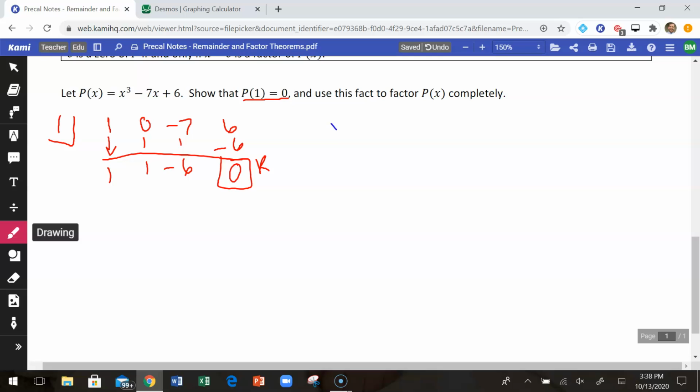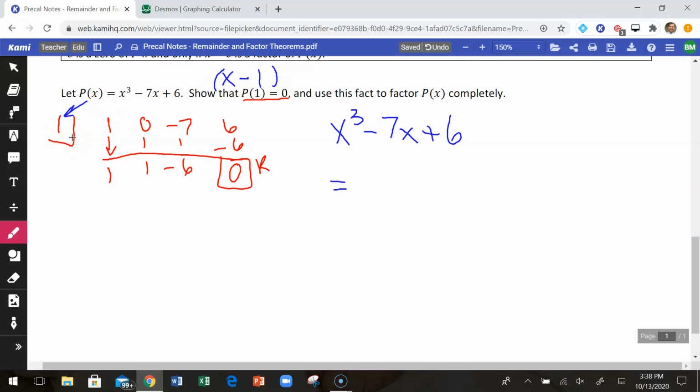What that means is that I did have x cubed minus 7x plus 6. And then I did synthetic division with 1, which means that a factor of this, think about this, is x minus 1. If I did synthetic division with 1, that means I divided that thing by x minus 1, right? When we do synthetic division, we take the opposite of this number, and that's what goes in the box here.